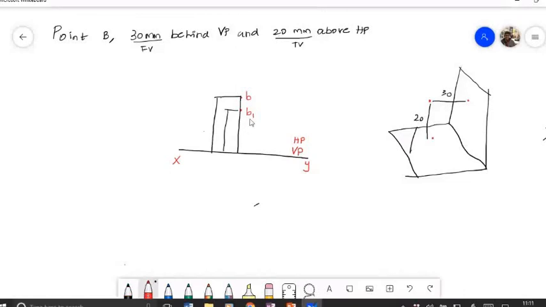This should be 30 and this should be 20. This is the solution for this problem. Is that clear? Yes, sir.